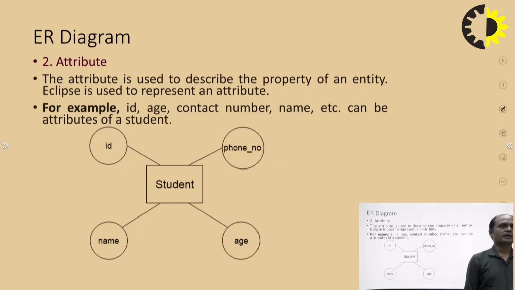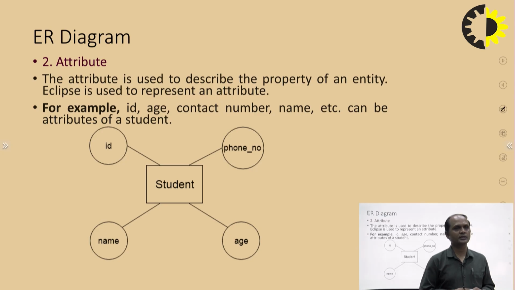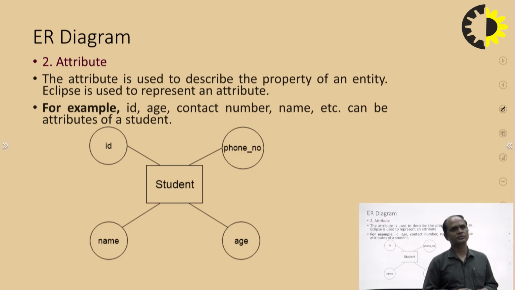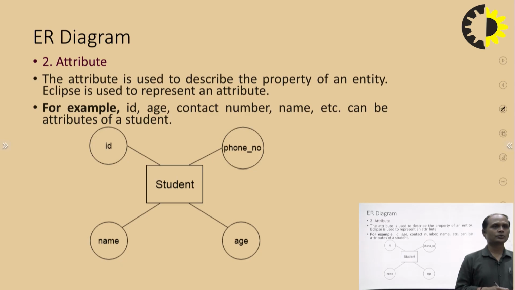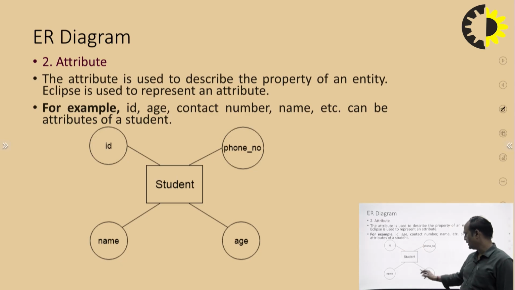The next part is attribute. What is an attribute? An attribute is used to describe a property of an entity and we can represent it by an ellipse. I have taken the example of a student, and a student has ID, name, age and phone numbers. There are so many attributes, but we can mention only four in this scenario: ID, phone number, age, name.